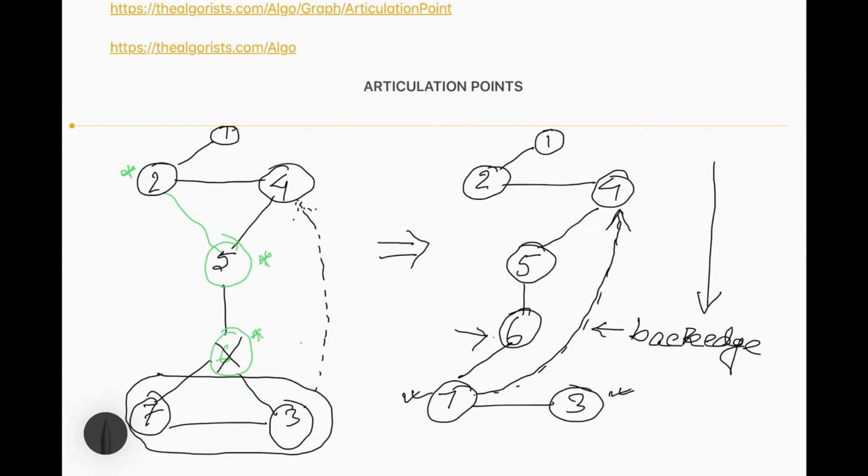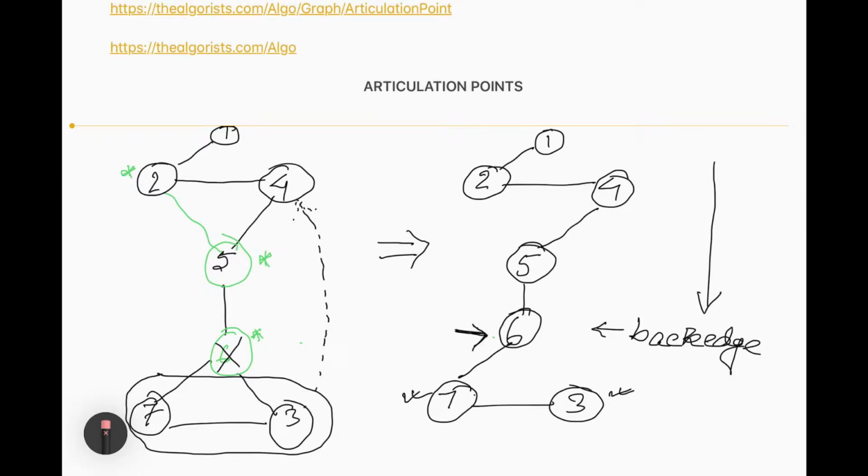If any of those descendants have a back edge, then 6 cannot be an articulation point. But in the given graph, neither 7 nor 3 has a back edge. That is why 6 becomes an articulation point.